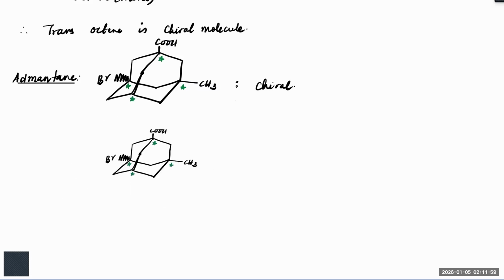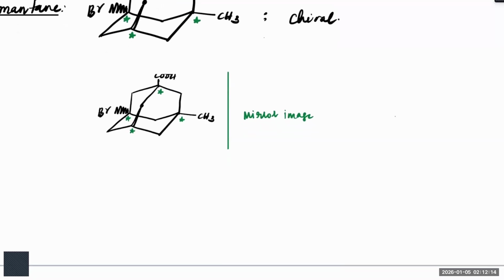So this and its mirror image, that's it. Clear? This and its mirror image, correct? So the maximum number of stereoisomers will be only 2. Got it?